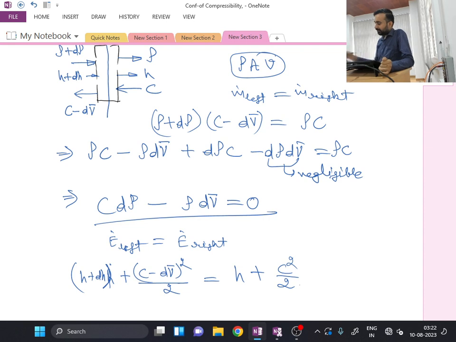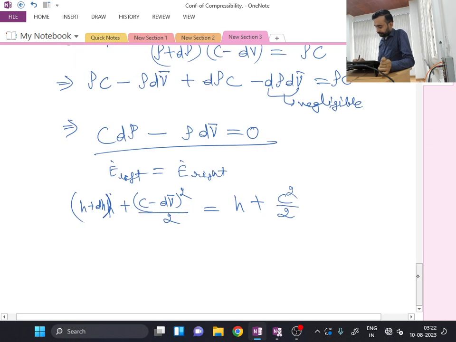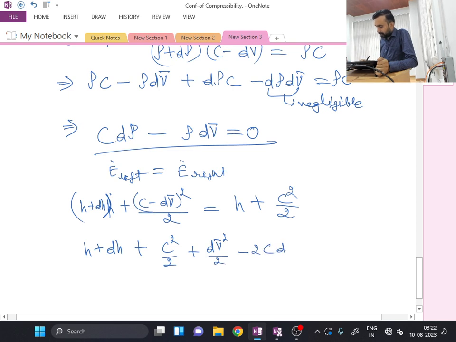So try to simplify this. What will you get? It will be h plus dh plus c square by 2 plus dV bar square by 2 minus 2c dV bar by 2 equal to h plus c square by 2.